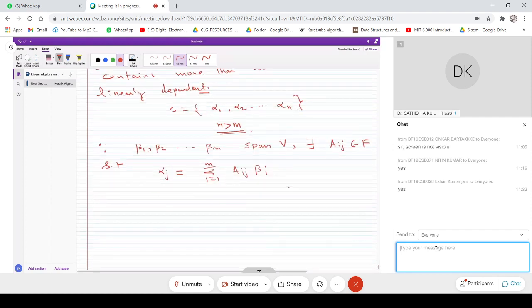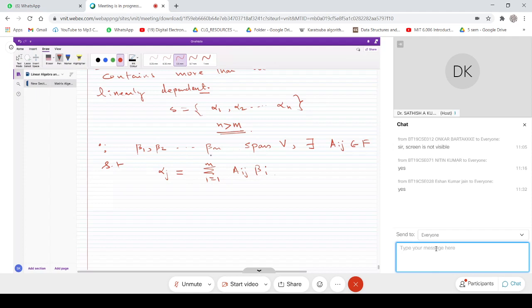Because beta 1 to beta m is a spanning set, spanning V, and alpha j is in V, since S is a subset of the vector space V. This goes till m only, because the vectors are beta 1, beta 2 to beta m only.